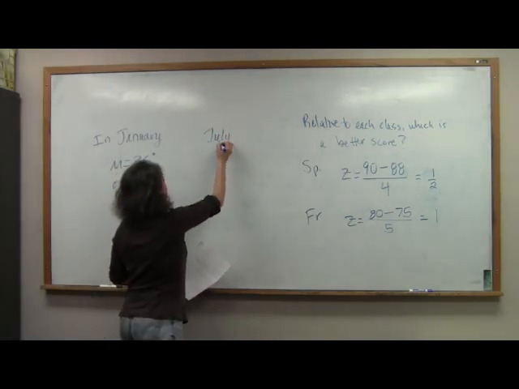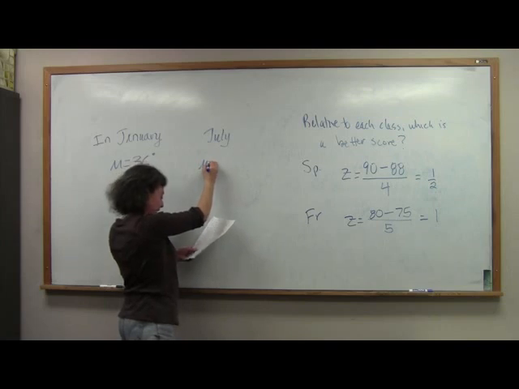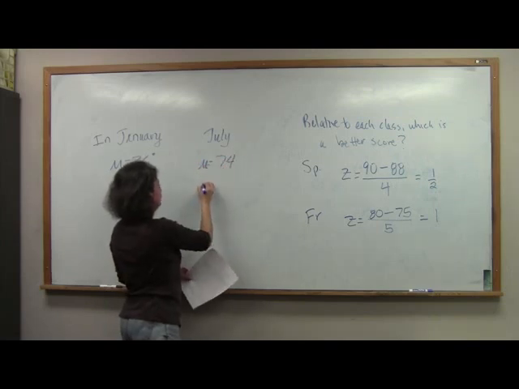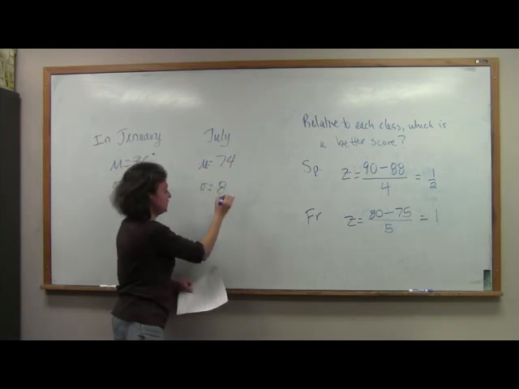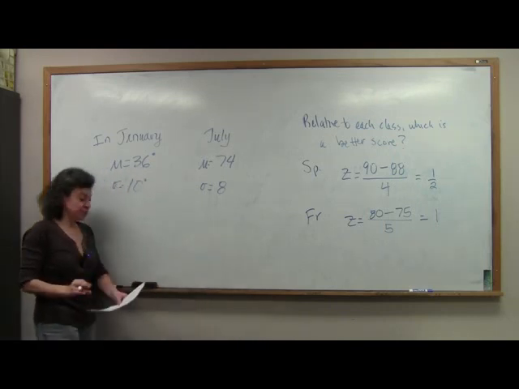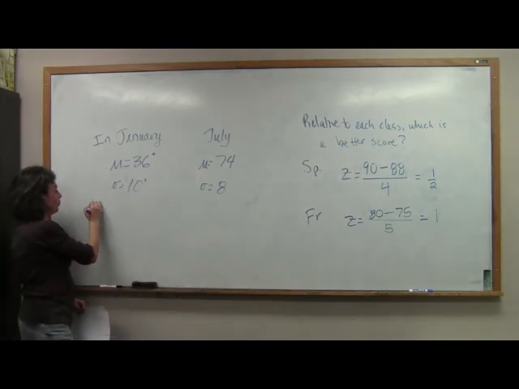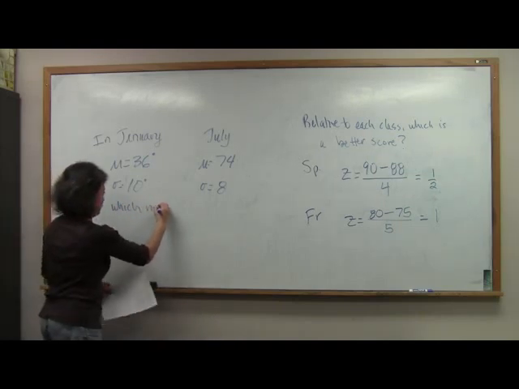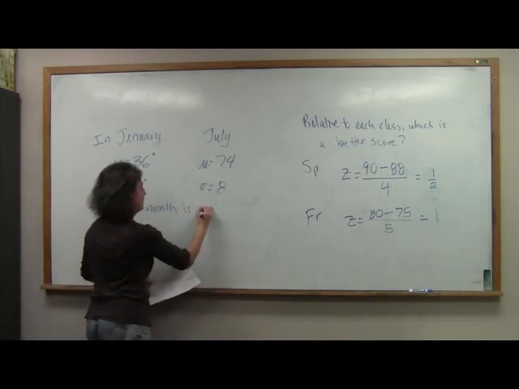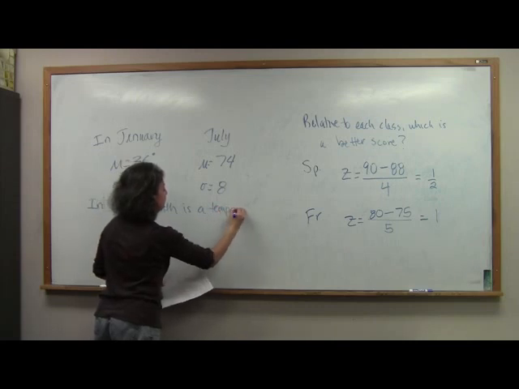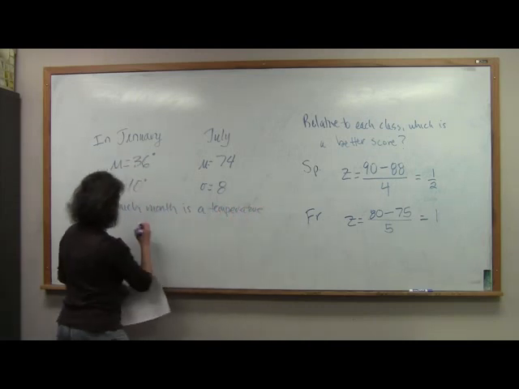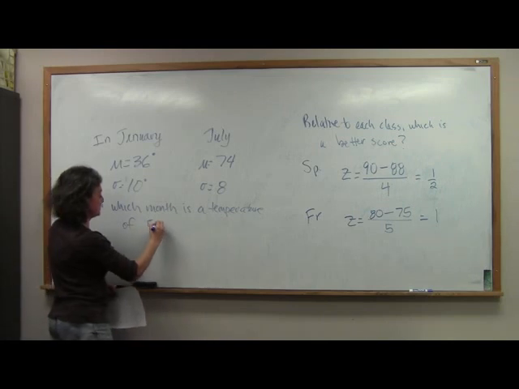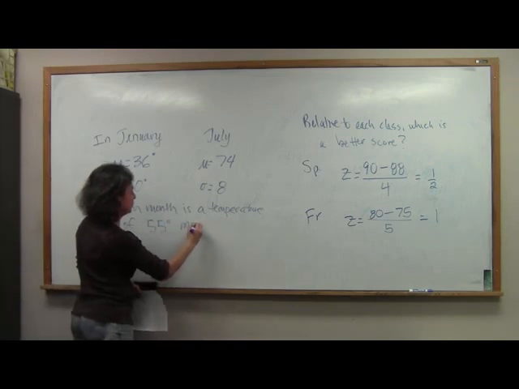And in July in that town, the average temperature is a 74 degrees with a standard deviation of 8 degrees. What I want to know is as follows. In which month is a temperature of 55 degrees more unusual?